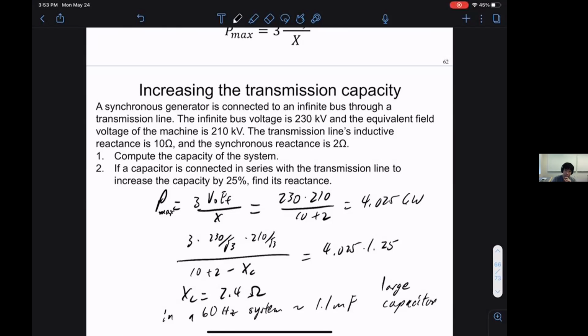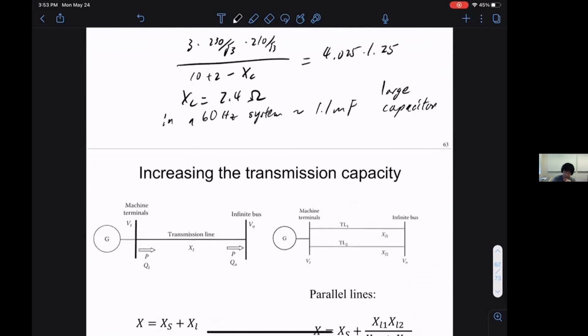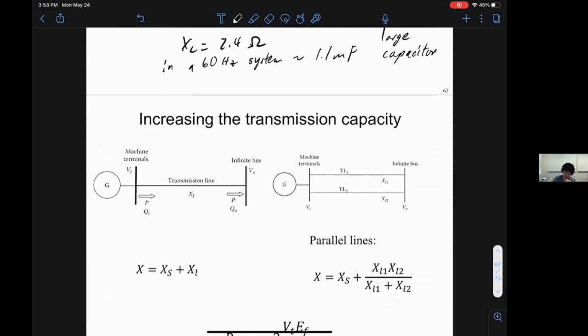Another way to do compensation, which is maybe easier, is to just add a parallel line. When you have a parallel line, the reactance goes down. Putting two lines in parallel reduces the equivalent impedance, so XL appears to be smaller.